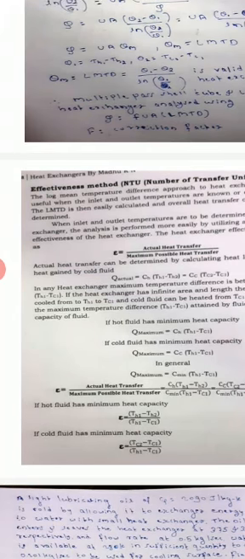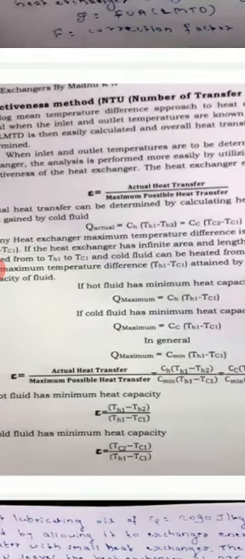Therefore, for the hot fluid, effectiveness is Th1 minus Th2 divided by Th1 minus Tc1. Similarly, for the cold fluid, effectiveness is Tc2 minus Tc1 divided by Th1 minus Tc1.